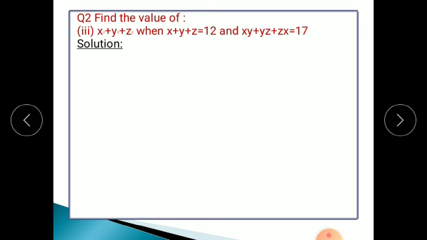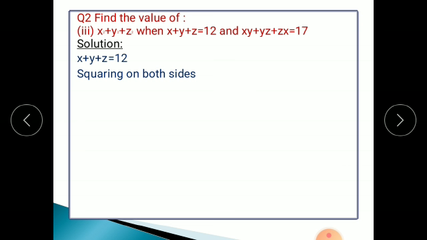Now again, another question we have: find the value of x square plus y square plus z square when x plus y plus z is 12 and xy plus yz plus zx equal to 17. This is the same as the previous question. I want you to do this question by yourself.